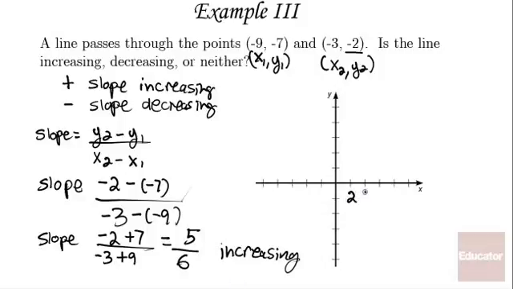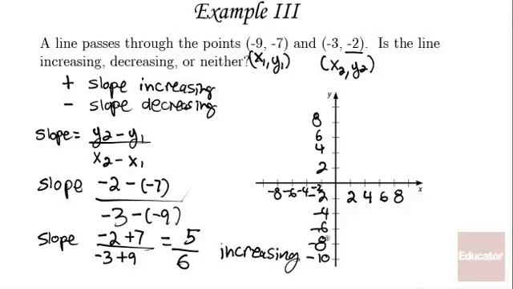So let's say it's 2, 4, 6, 8, negative 2, negative 4, negative 6, negative 8. So I have two sets of points. I have minus 9, minus 7. So my first set of points, x is minus 9, which is right about there, and y is minus 7, which is right about there.